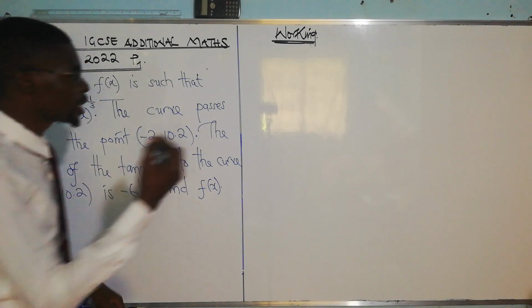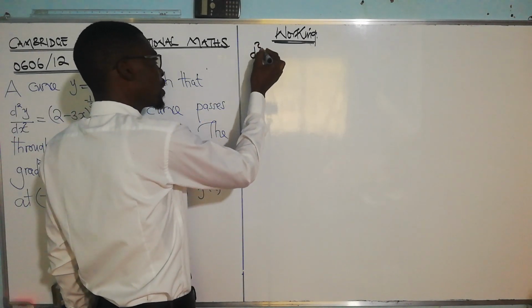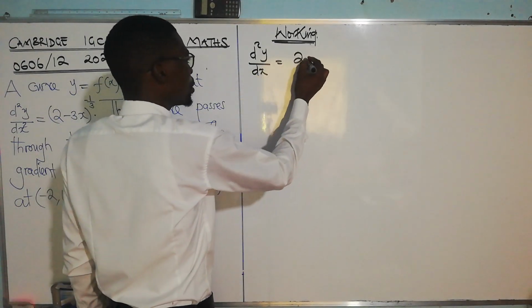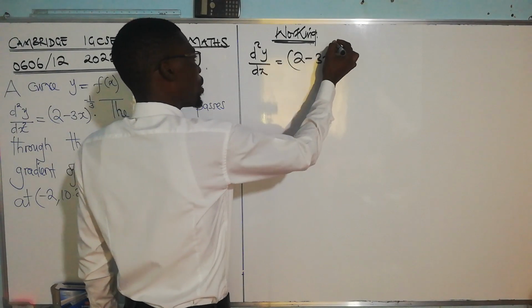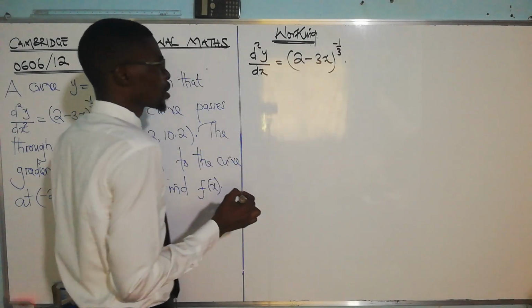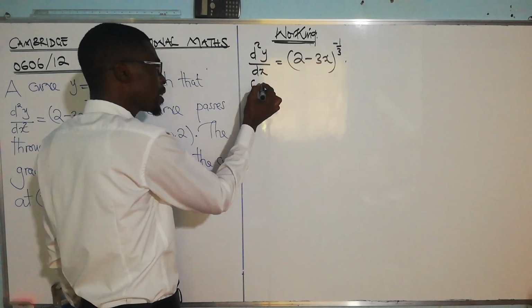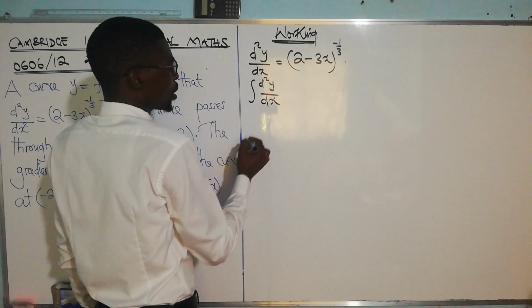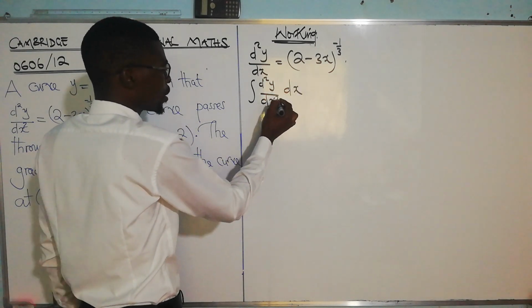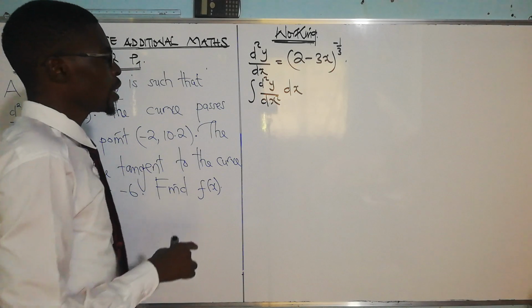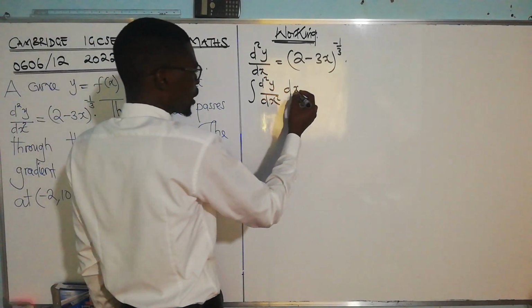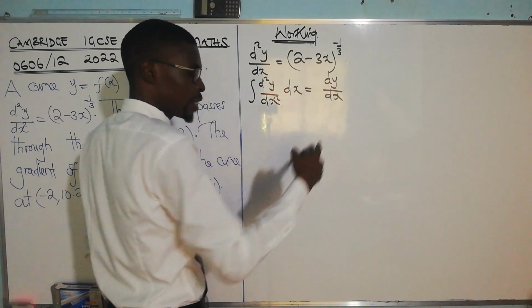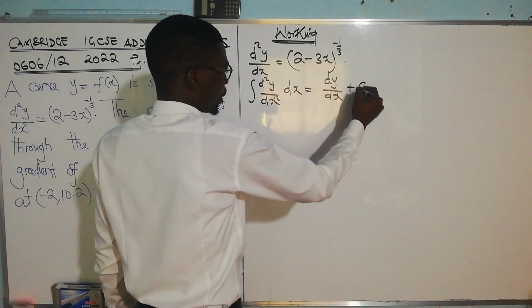Now, let us work on this particular question. What we are given is the second derivative of y with respect to x, which is 2 minus 3x to the power negative 1 over 3. When we integrate the second derivative of y with respect to x, we are going to get dy dx, which is the first derivative, plus c.